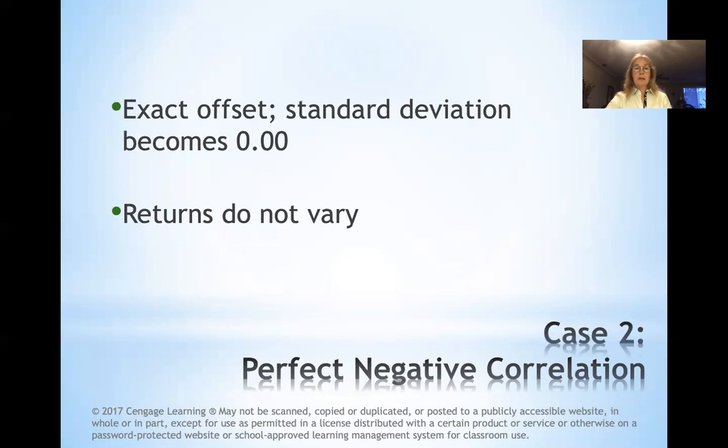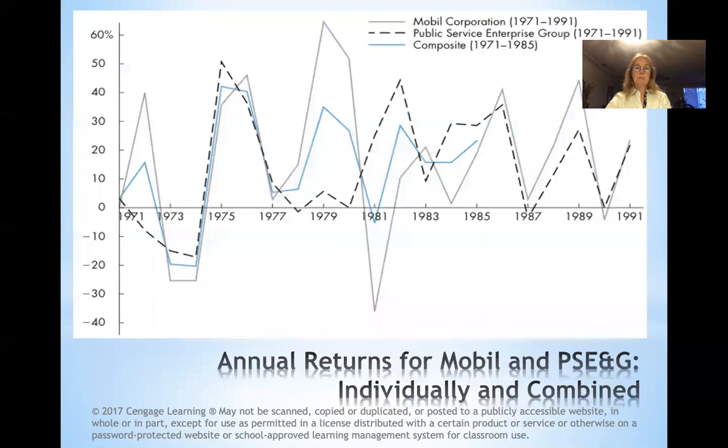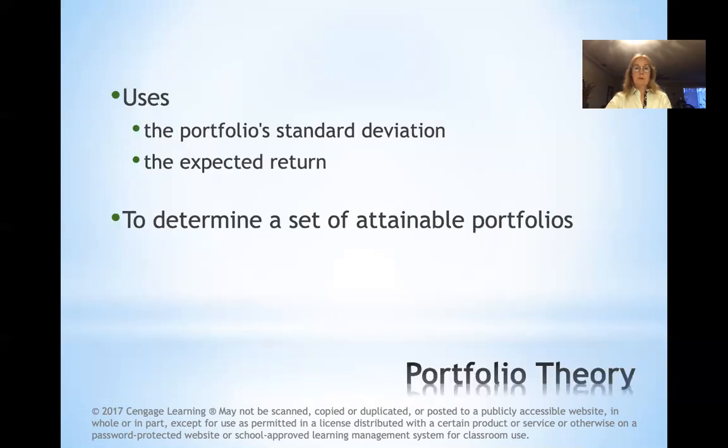Case two, perfectly negatively correlated, and so you're getting your maximum benefits from correlation. And then in case three, you have a somewhat positive correlation, but you're reducing your risk somewhat by investing in that portfolio. All right, we can skip that.